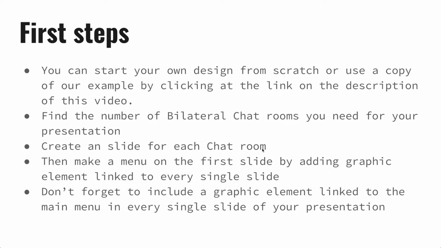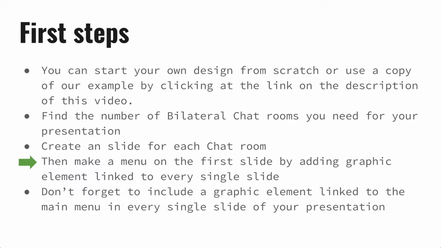Okay. When you have already created these slides in your presentation, then you have to make this main menu on the first slide, when the presentation starts, and show the different sections to go into.